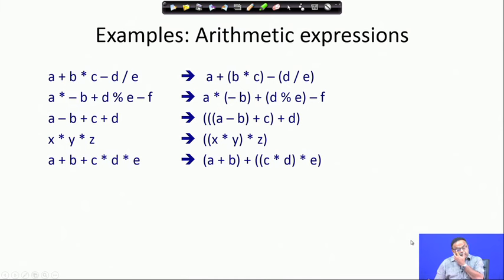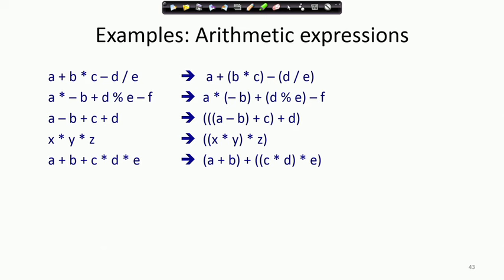Here are some example arithmetic expressions. Here you can see a plus b times c minus d divided by e. Now, according to my precedence rule, this is equivalent to a plus, as if I had done it by hand computation. There is a chance of confusion.